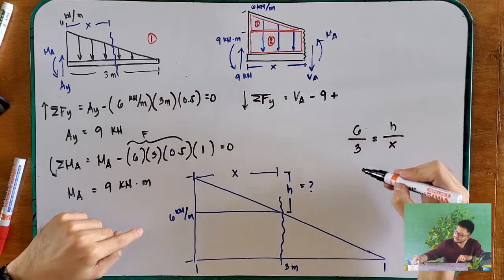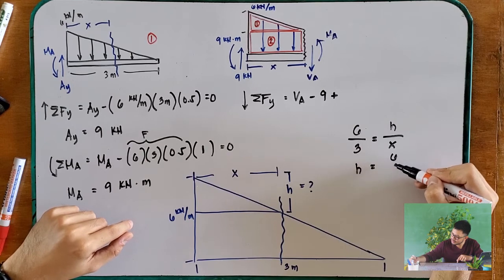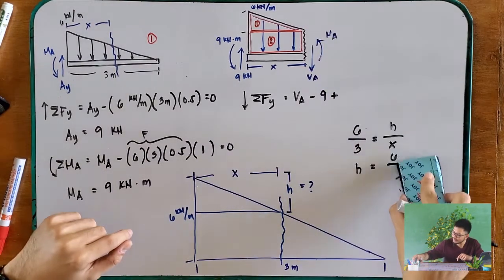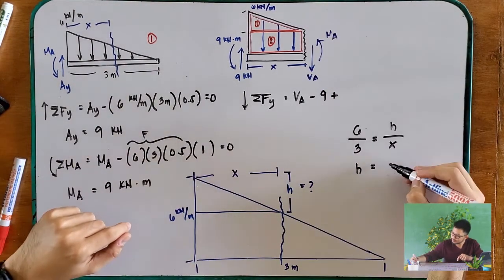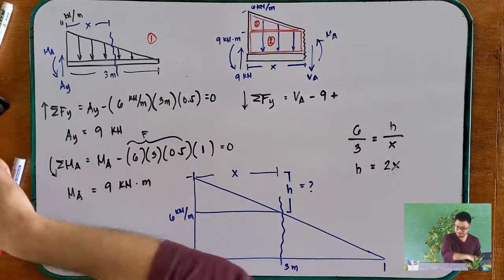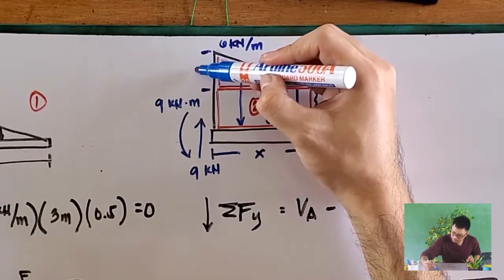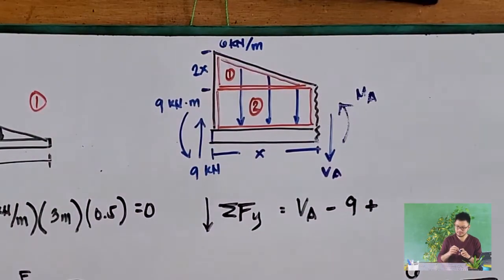So therefore, your height of your triangle is 6 over 3, that is 2x. Okay? So therefore, this height right here is just 2x. Sige. So, ako na erase kay gubot.